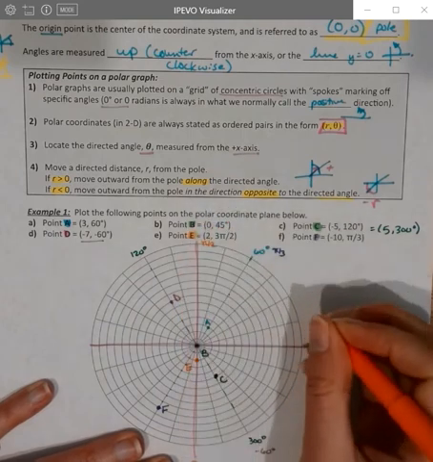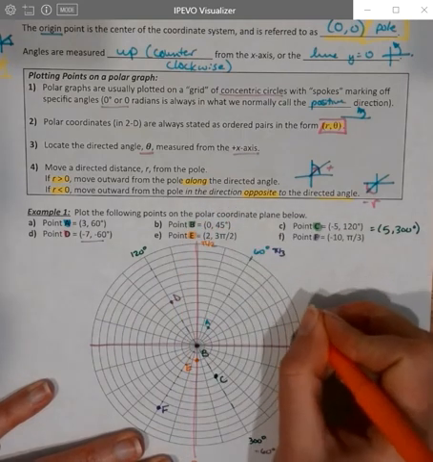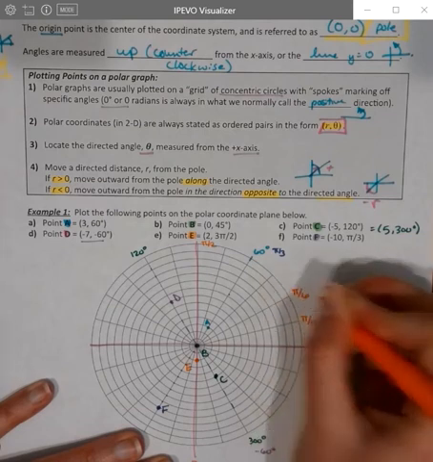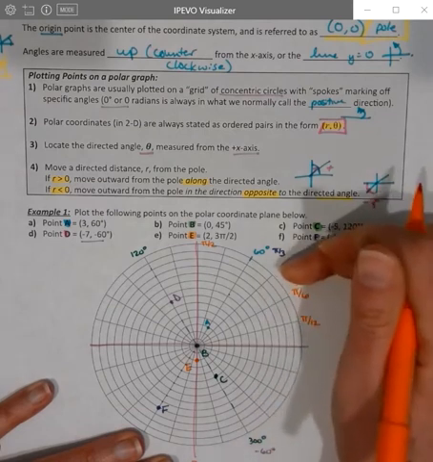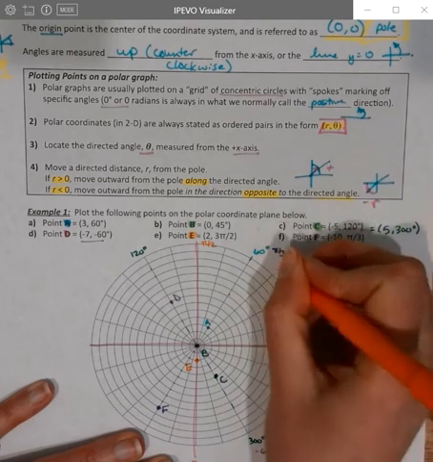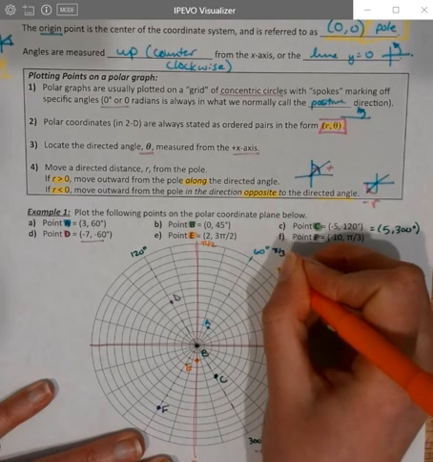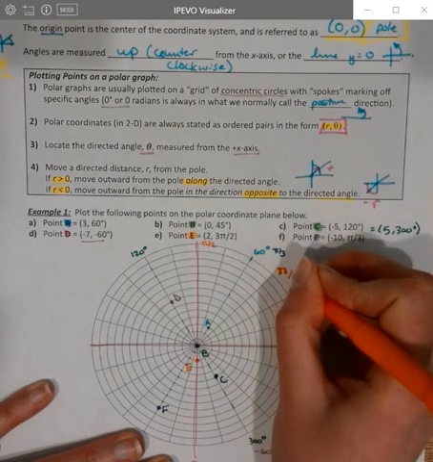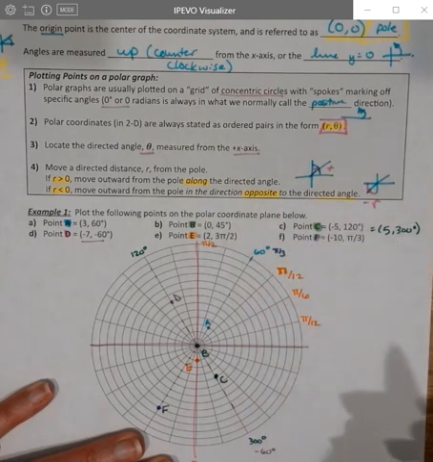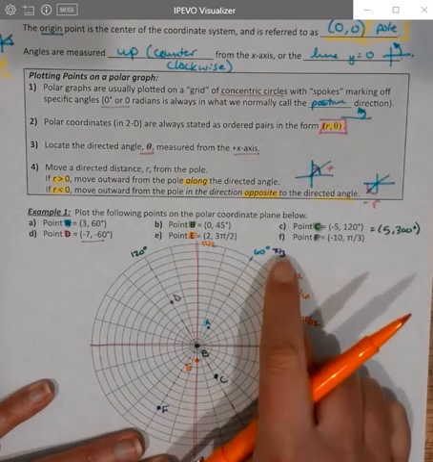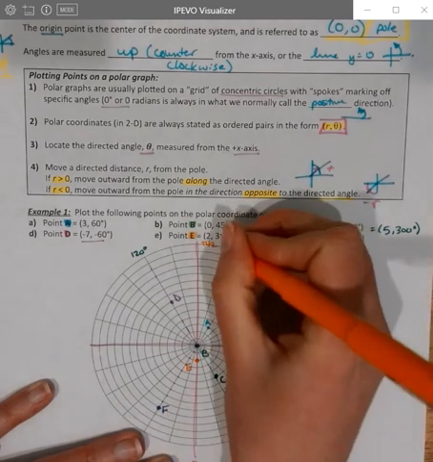A sixth of a half is a 12th, so each of these is a 12th. So I have pi 12ths, pi sixths, then 3 pi 12ths, which I could have just written as pi fourths, I was going to reduce it first. Then 4 pi 12ths, which reduces to pi thirds, and then 5 pi 12ths.